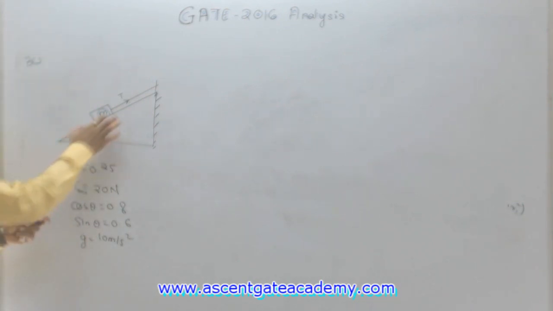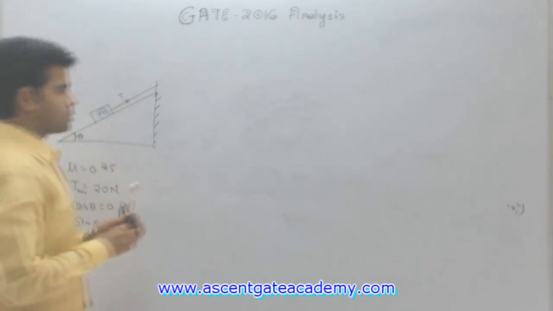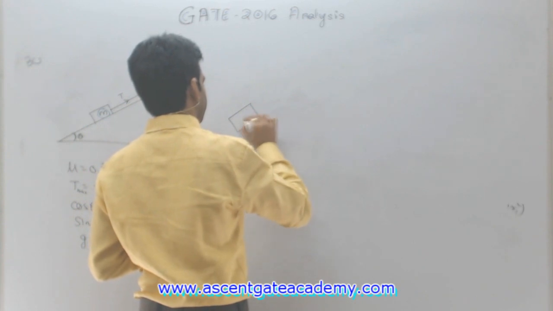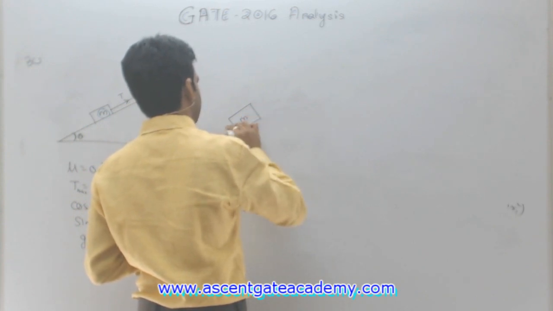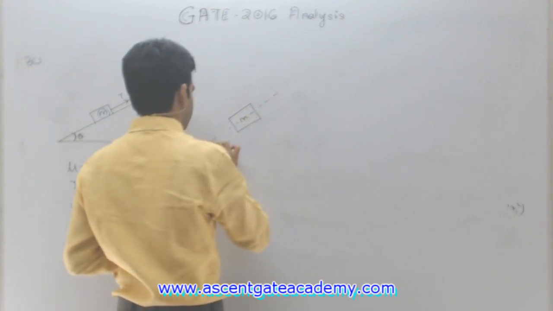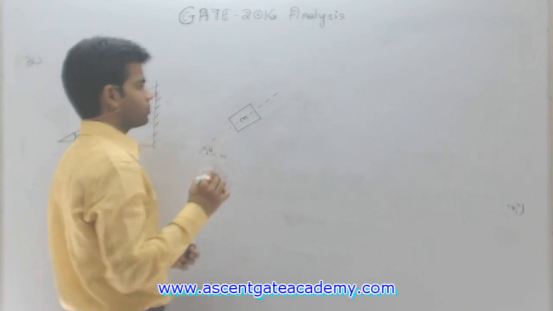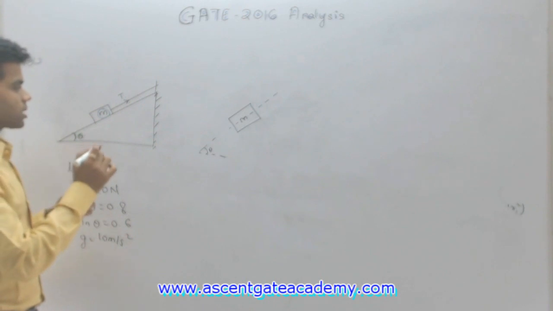Okay, now first thing we have to draw the free body diagram of this particular mass. This mass is inclined at an angle theta from horizontal. Okay, what are the forces acting?